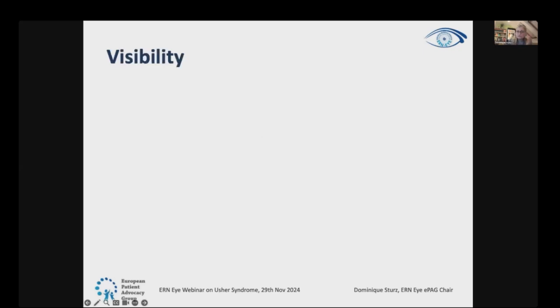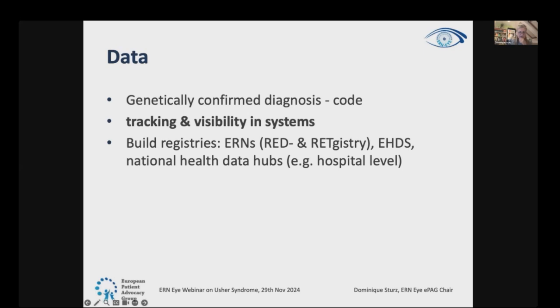And why is this relevant also from the patient perspective? On one hand, we can identify patients, we can monitor results, we can quantify patients' needs, when we can track how many are there, when the whole community is visible in the systems.